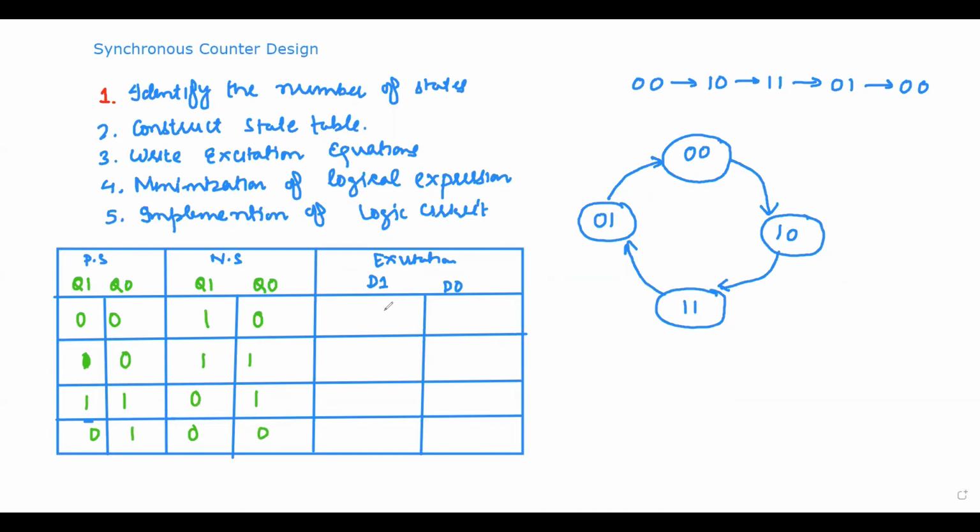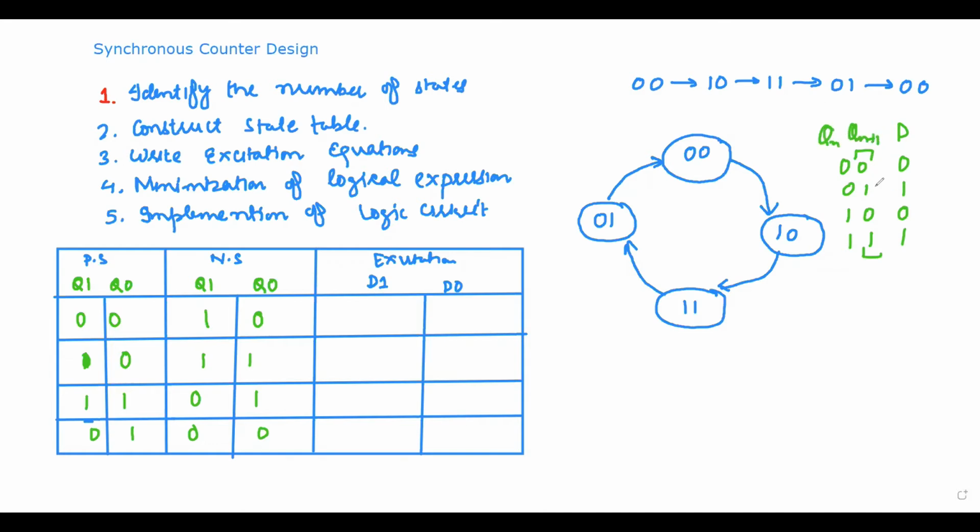We have already discussed this in the previous class. The excitation table for the D flip flop, as revised, is 0 1, 0 1 corresponding to 0 0, 0 1, 1 0, and 1 1. Here we have observed that whatever your previous state is does not matter.